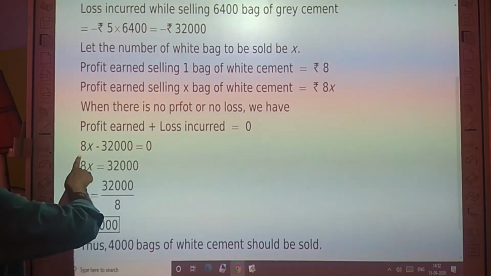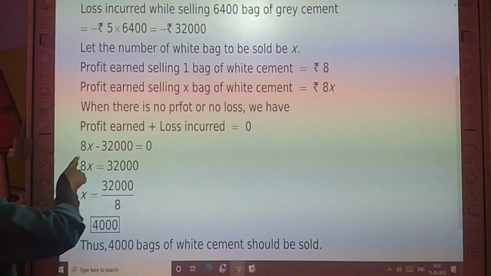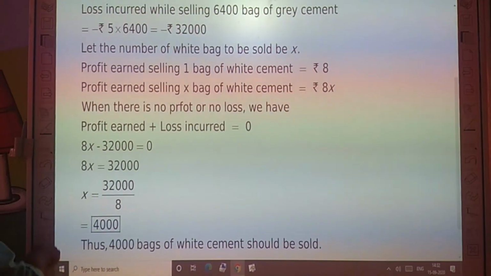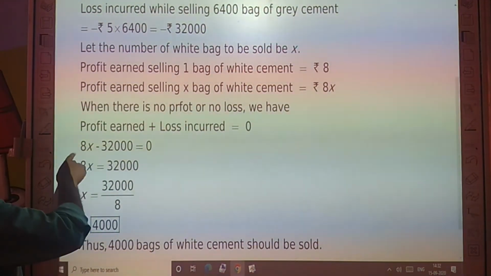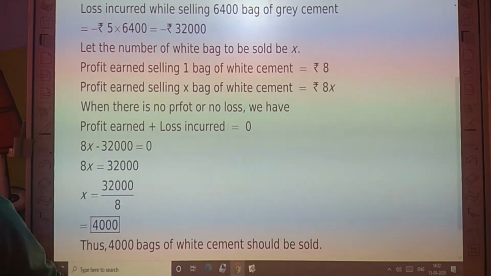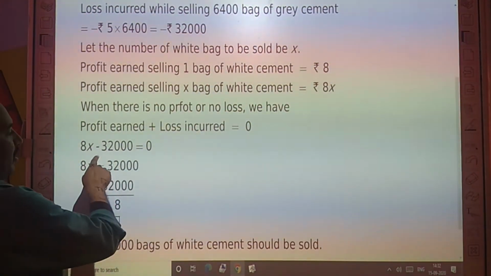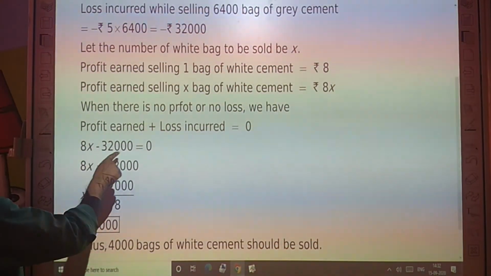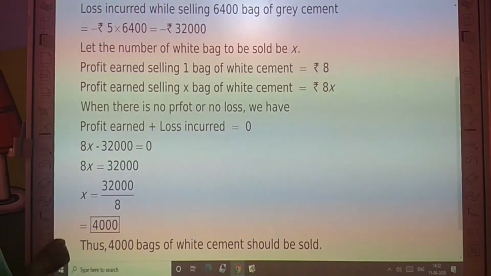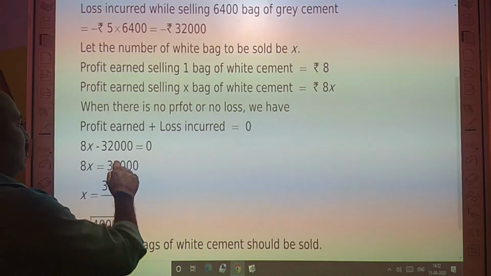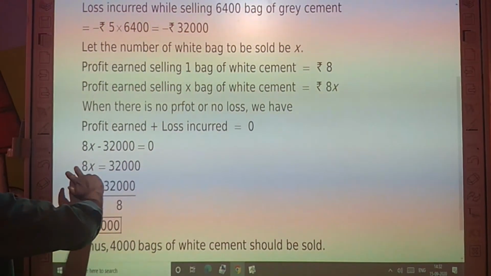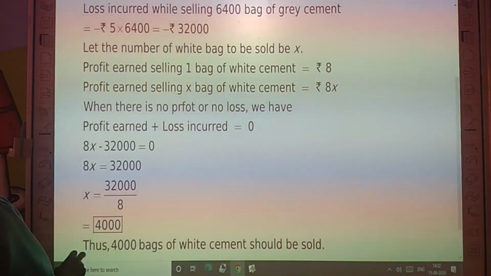Our profit is 8 into x, the number of bags times the amount. The loss is minus 32,000, the gray cement value. So 8x minus 32,000 is equal to 0.